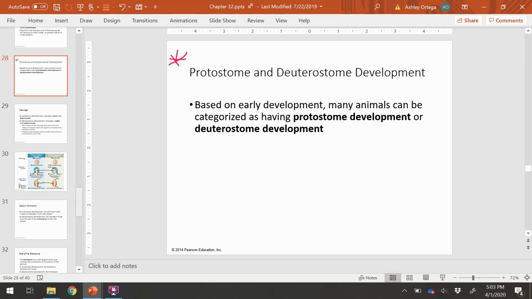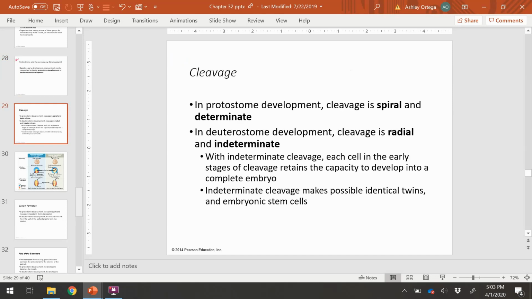We'll see these words pop up a lot, so that's why we want to understand them. This is one of those key things that helped us organize animals based on their similarities and differences as well. It's very important in terms of animal classification.